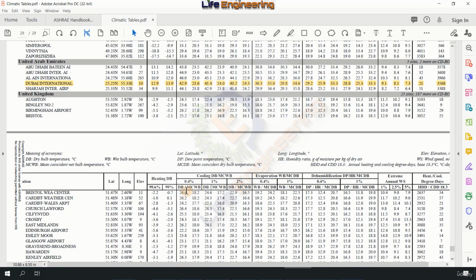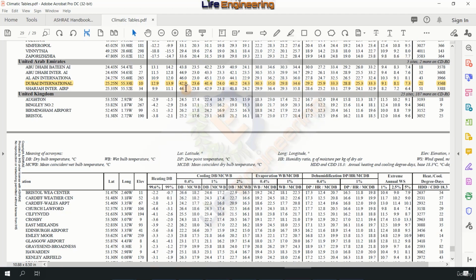So this temperature is rarely happening, and of course it will be the highest one among them. For Dubai, 42.9, 41.4 and 40.2. This happens a very minimum number of hours. Only 0.4% of the time this temperature occurs.